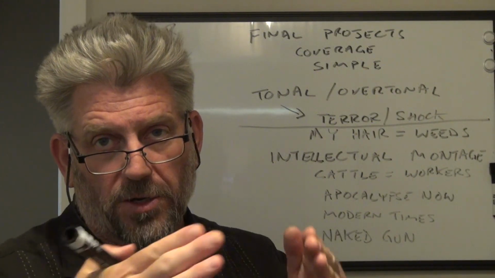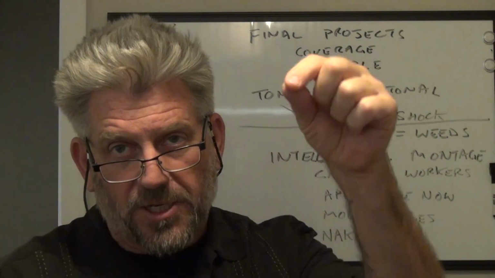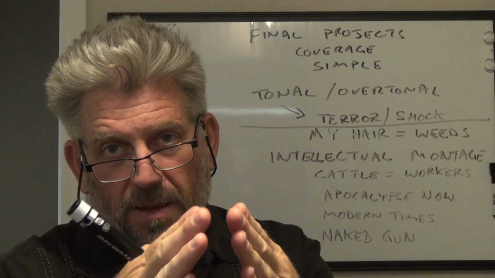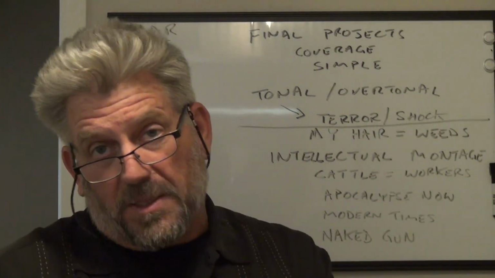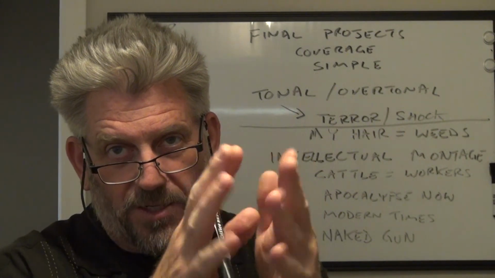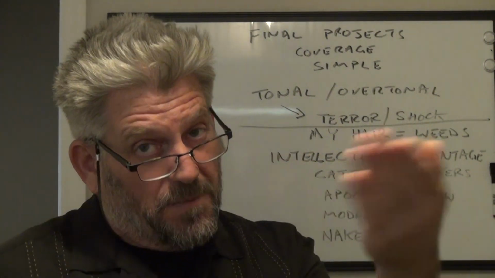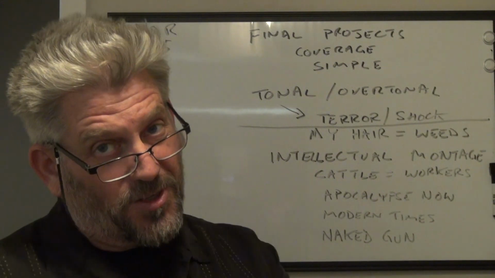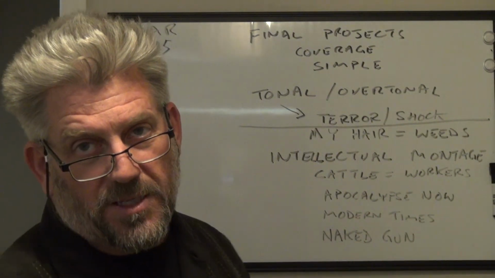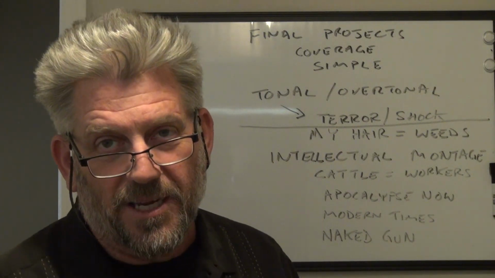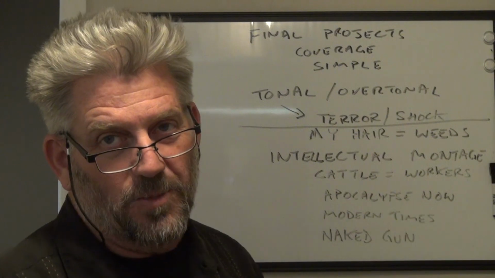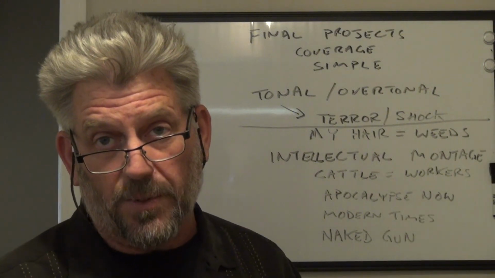He's going to show a whole bunch of workers lining up to punch in at a time clock, and then he cuts to a quick shot of a bunch of sheep being led, presumably to be sheared or maybe even slaughtered. And of course, in the middle of all these white sheep, there's a black sheep, which is probably, you know, intellectual montage for Charlie Chaplin himself and his character, the black sheep. All right. Also, I mentioned this before, but the famous sex sequence in Naked Gun, some great intellectual montage, very enjoyable. So please watch those examples.